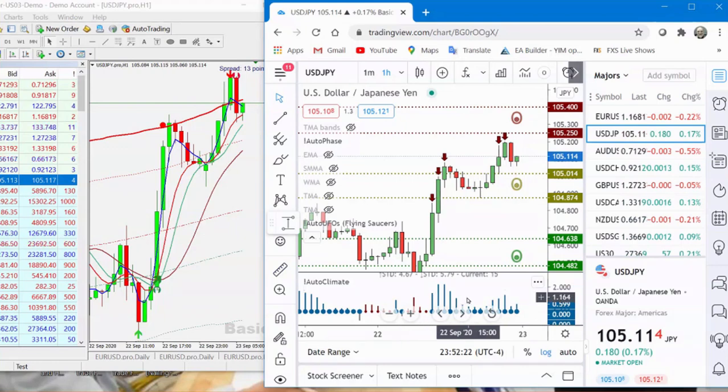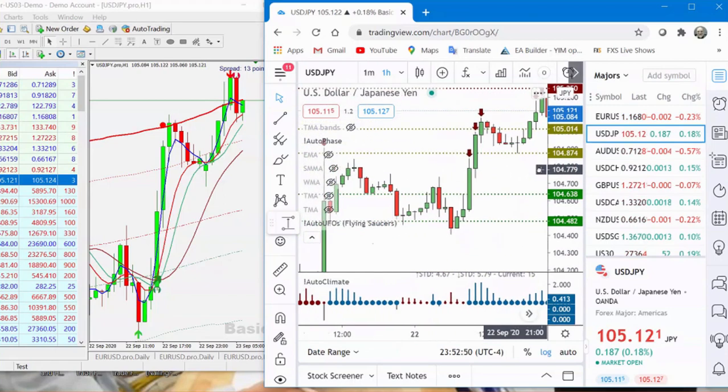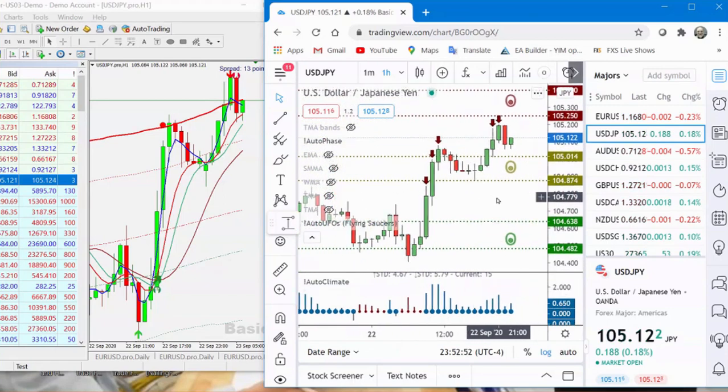It should have long been going down since this was 6 periods and we're now into 15 periods. The algorithm was indicating that we should see 6 periods of strength from the start back here. See, we didn't get an auto phase down in here.